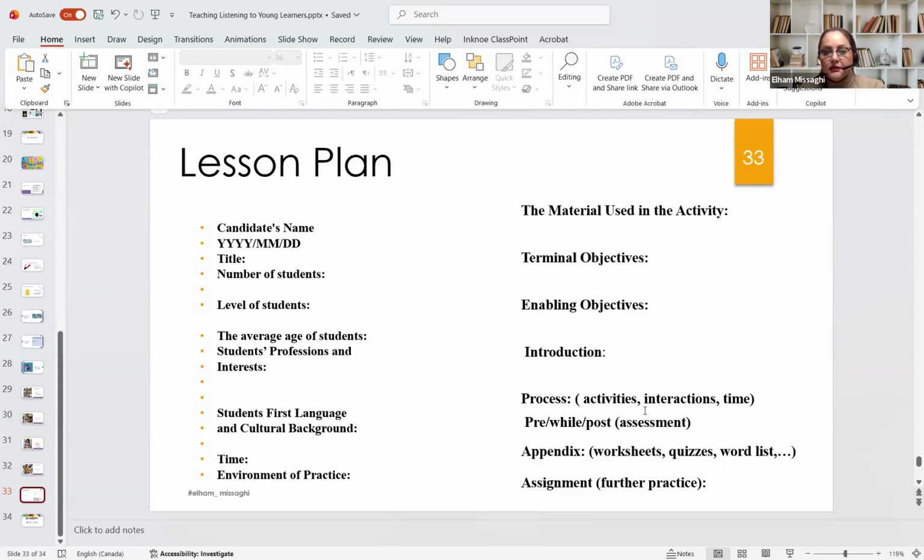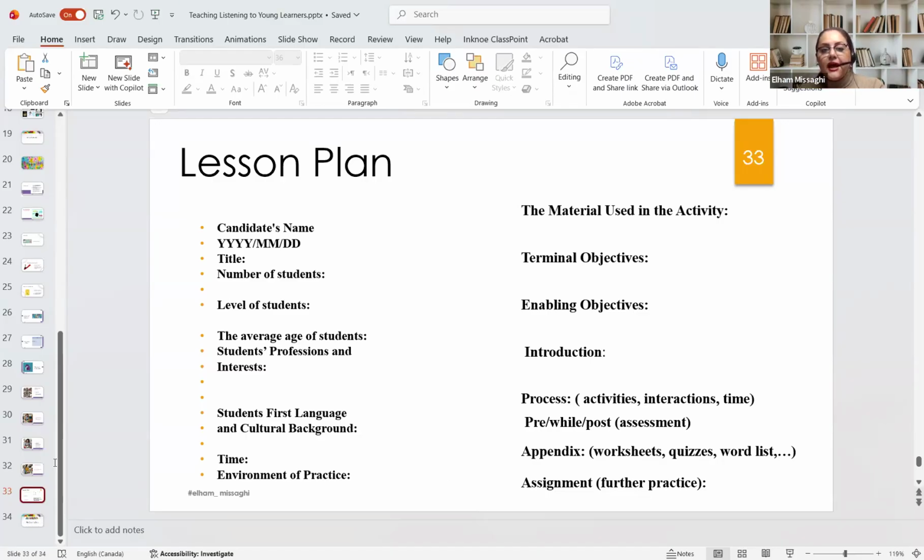Write the context? What's the assessment part? How do you get the feedback that they learned? And you have to attach everything to the lesson plan and assignment. What's the further practice at home? If the listening in the class is about career, so what are you going to listen to at home?